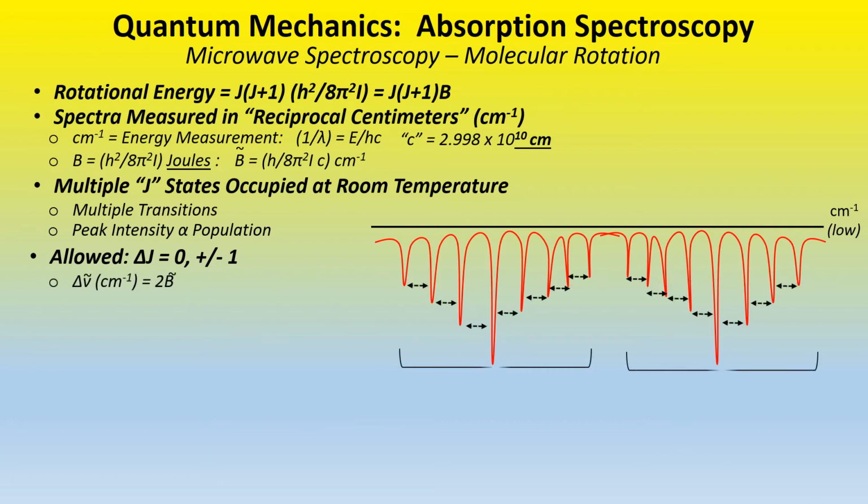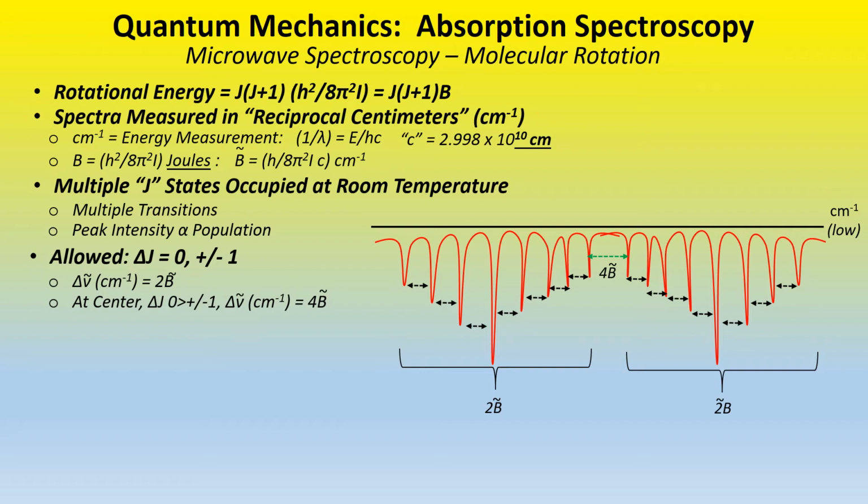In terms of wave numbers, the difference between any two adjacent peaks is going to be 2 times the rotational constant. The only difference occurs at the center, when you are either going from 0 up to 1 or down from 1 down to 0, where the difference is 4B.